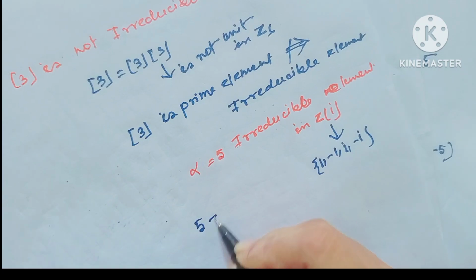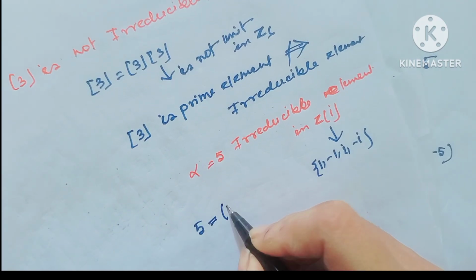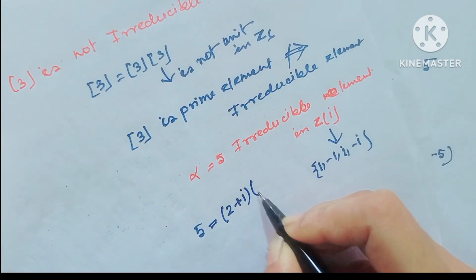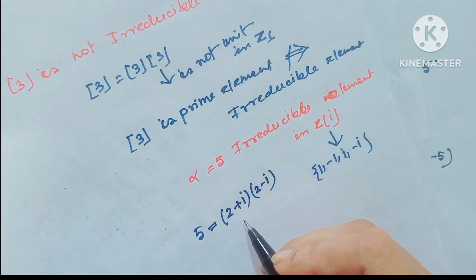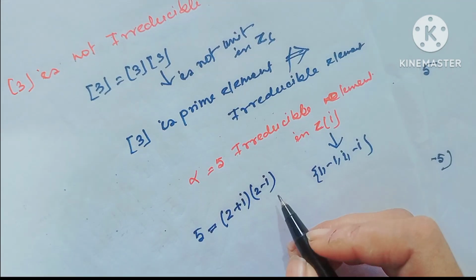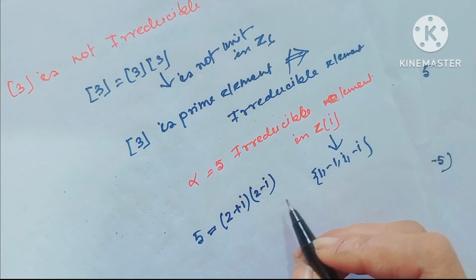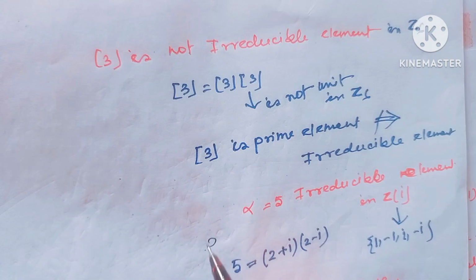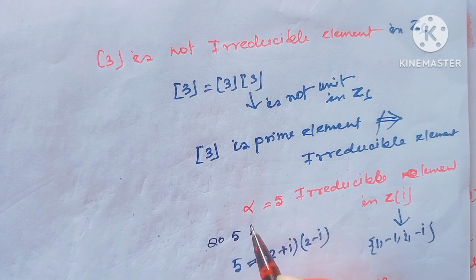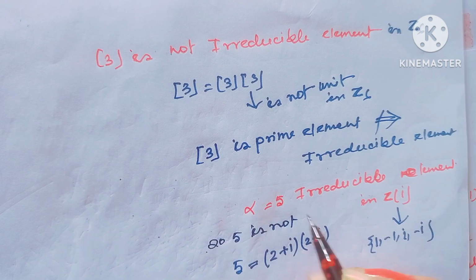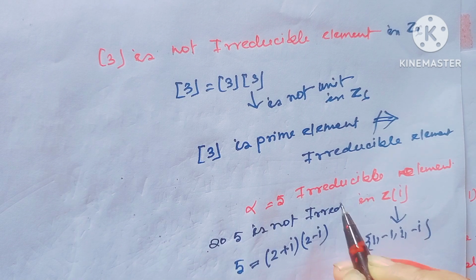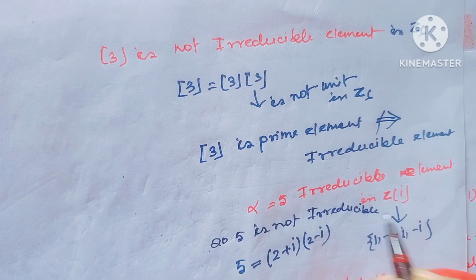And 5 equals, in Zi, 2 plus i times 2 minus i. Here neither 2 plus i nor 2 minus i is a unit of Zi. So 5 is not an irreducible element in Zi.